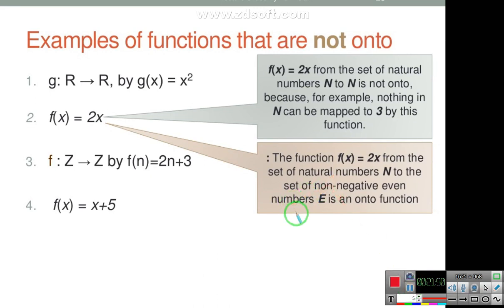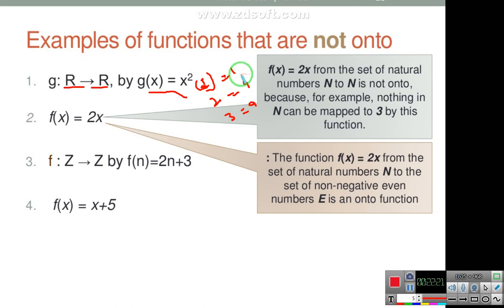So now coming to an example of a not onto function. What does it mean? If you have g of x equals x squared and all real numbers, when you are putting -1 or 1, your result will be 1, but when you are putting 2, your result is 4, for 3 your result is 9.